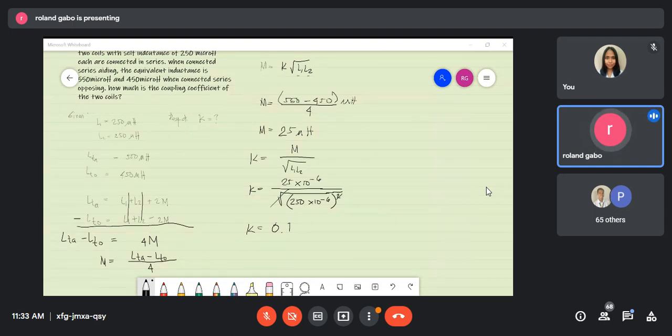But the formula we used is only the second law, N times the derivative of flux with respect to time, since it indicates the flow of current.